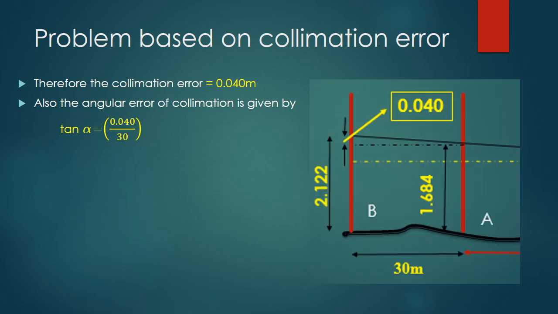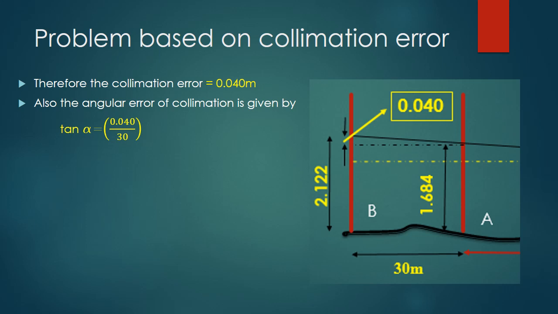Let us see. This is a portion of that particular figure in which we concentrate on the small triangle formed by the base as 30 meter and the perpendicular as 0.040. If we take tan alpha of that, we get 0.040 divided by 30.